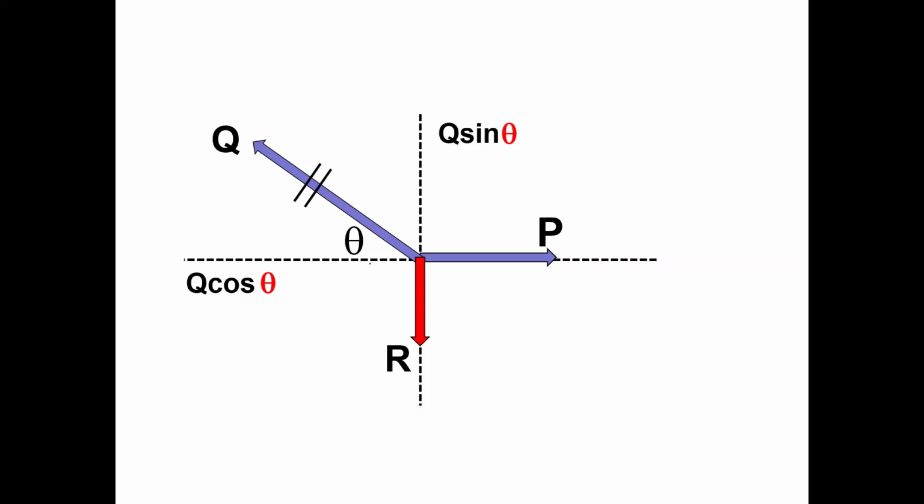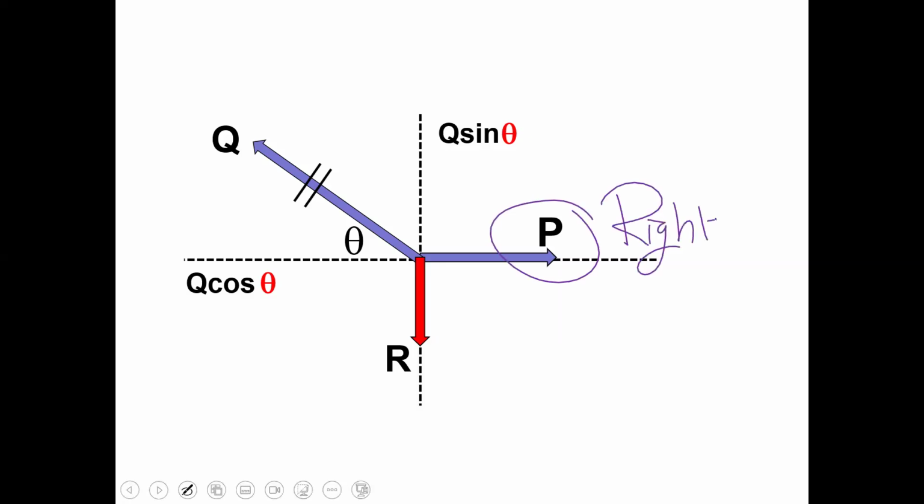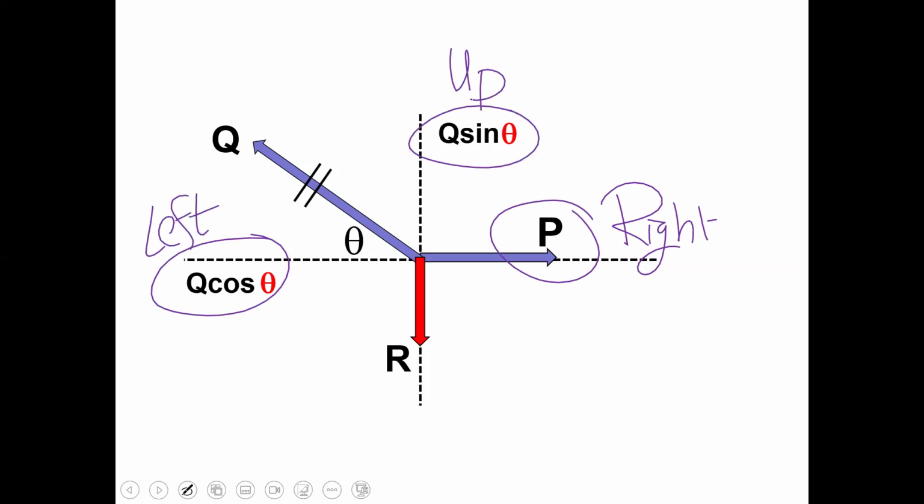The method says after resolving, right is equal to left. Look, Umar, this is my right and this is my left. This is my up and this is my down.